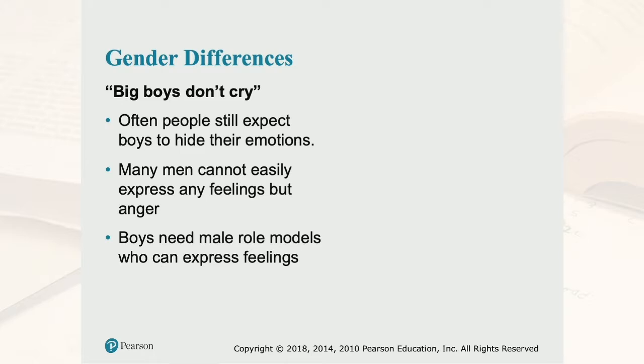So long gone are the days where boys don't cry. Boys cry too. It's natural for them. They need to express their emotions. It's not healthy to keep things bottled up inside of you. It has to come out some way.